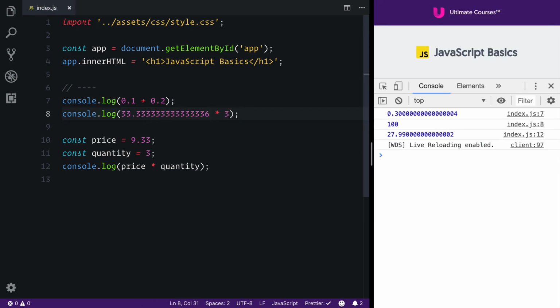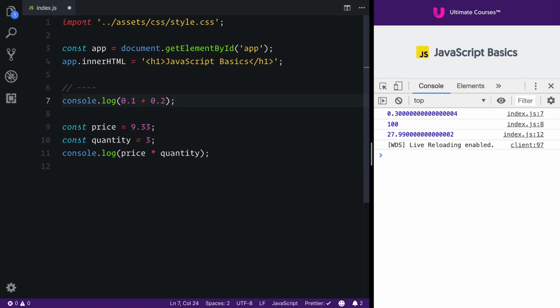In the same way, multiplying 33.3 with the 6 at the end does in fact equal 100, whereas if you typed this into a calculator, it probably wouldn't give us the same result. If we got rid of this 6 and added some more 3s, for example, that also creates 100. Now, this can be quite confusing, and it's due to the way that JavaScript numbers work, which leads us to more of a solution.